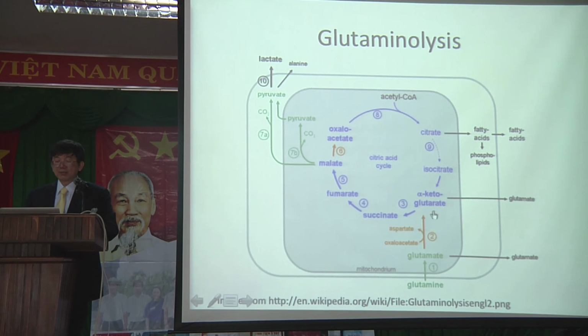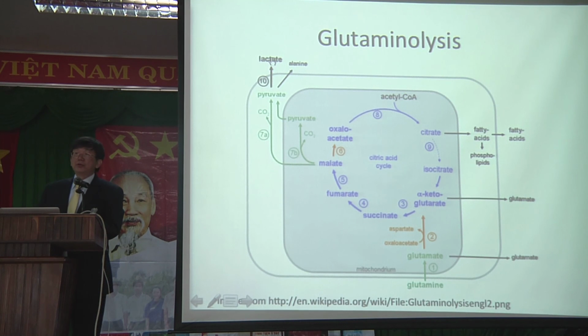Glutamate is metabolized to alpha-ketoglutarate and enters the TCA cycle. In the TCA cycle, it would be metabolized in this direction to malate, and then be metabolized to pyruvate. And these are connected to the lactate.